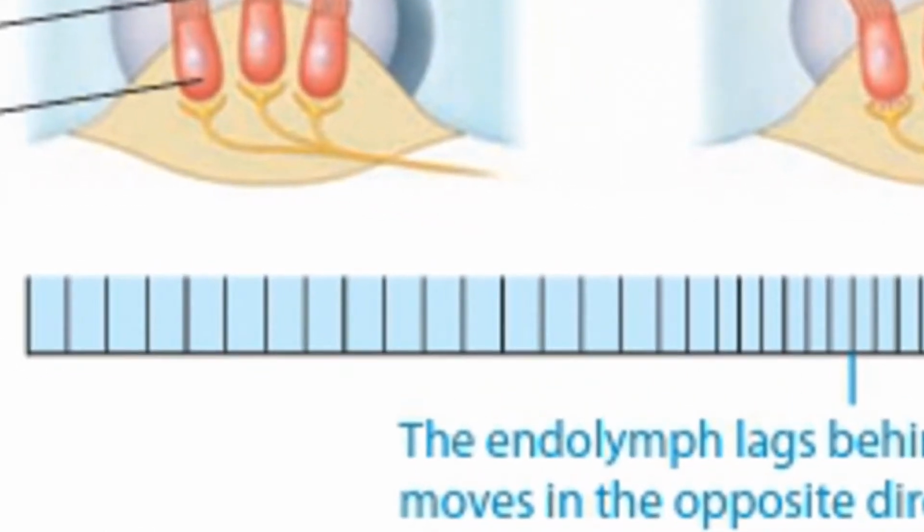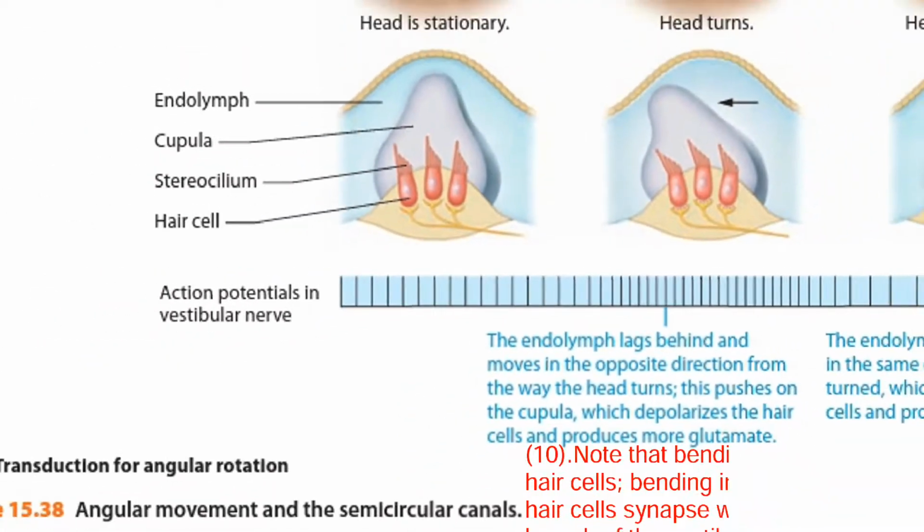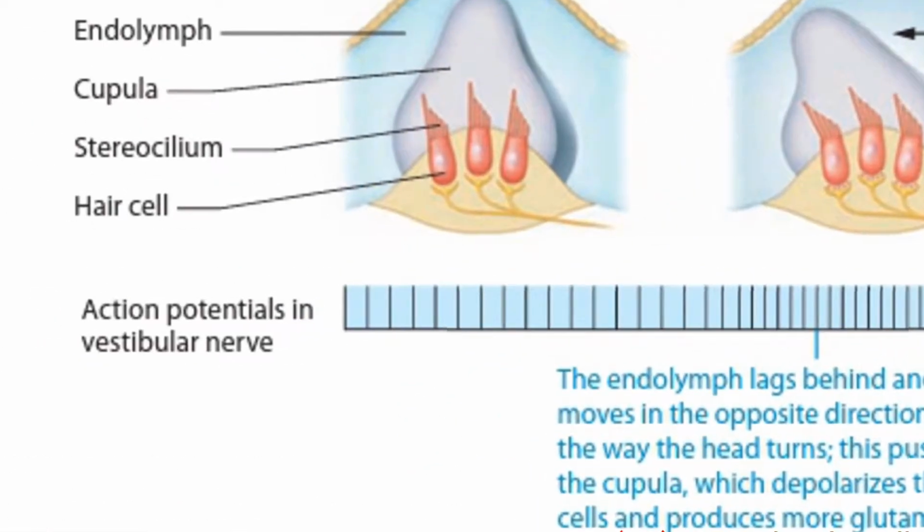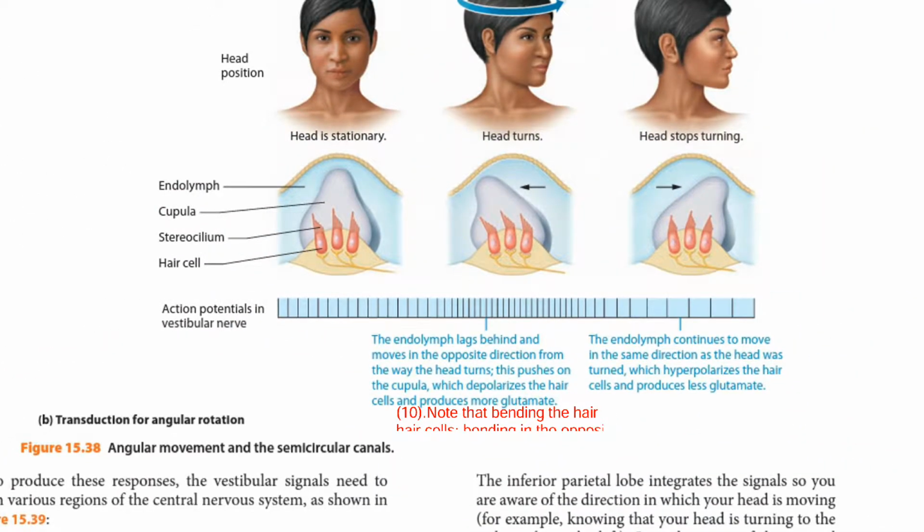All these vertical lines are showing the strength of the action potential, the strength of the nerve impulse that is generated.